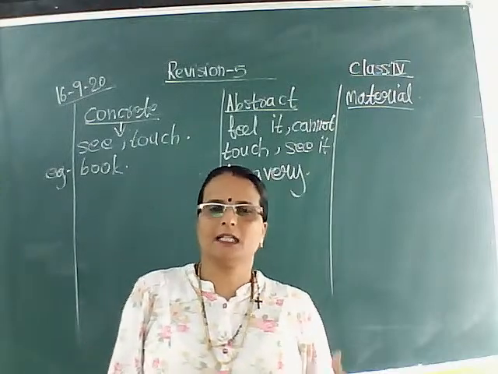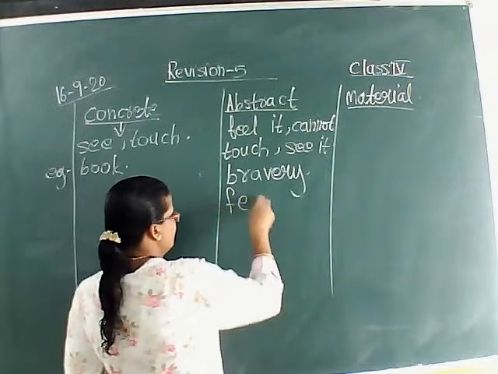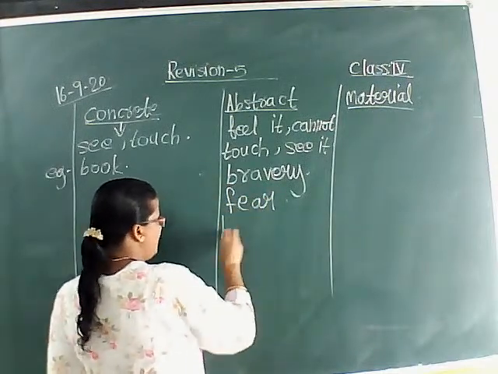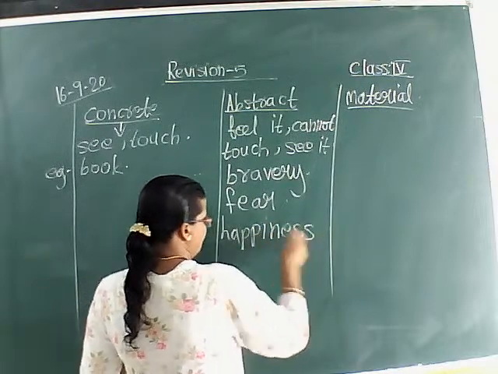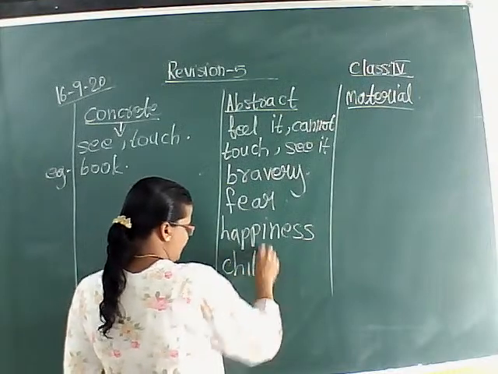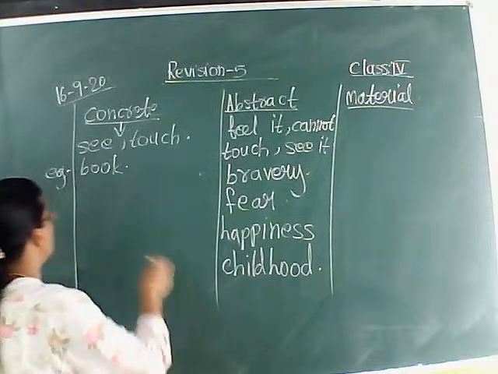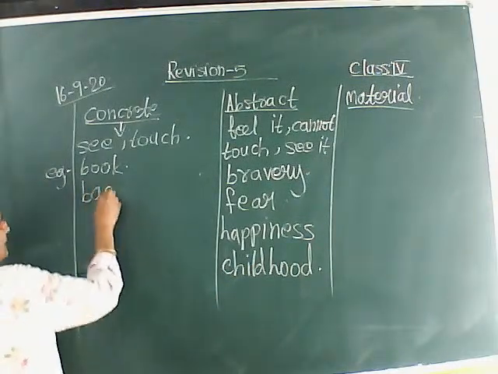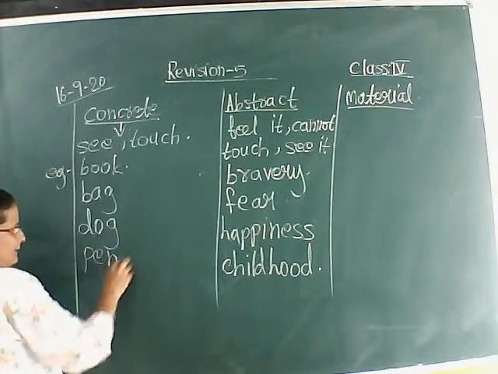Next, another thing is fear. Next, happiness. Childhood. All these are examples. Here you can write any examples: bag, dog, pen, pencil, anything.